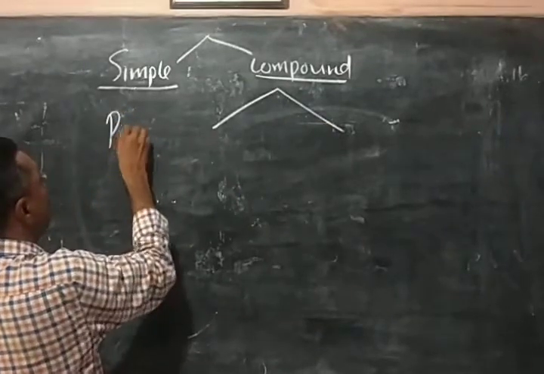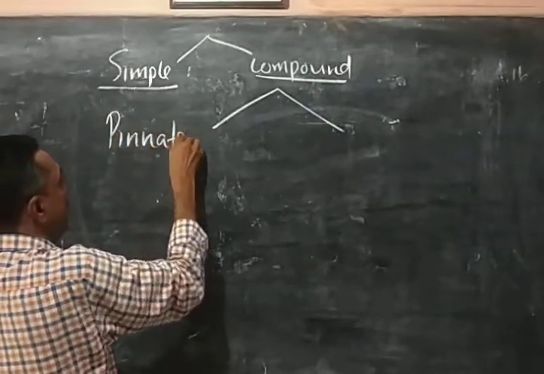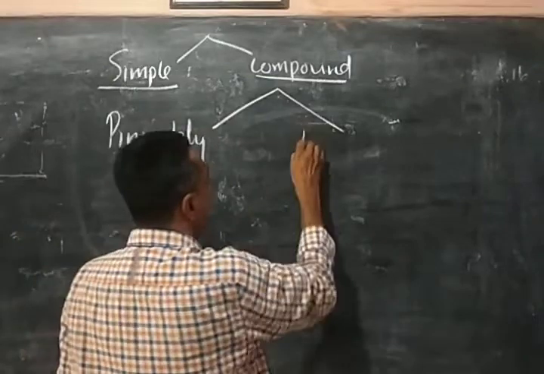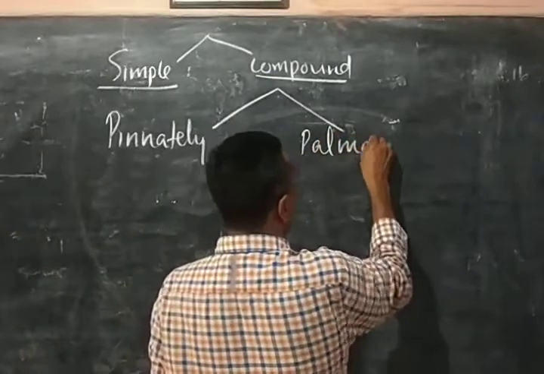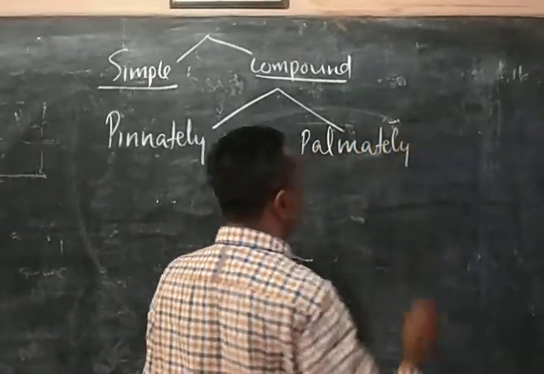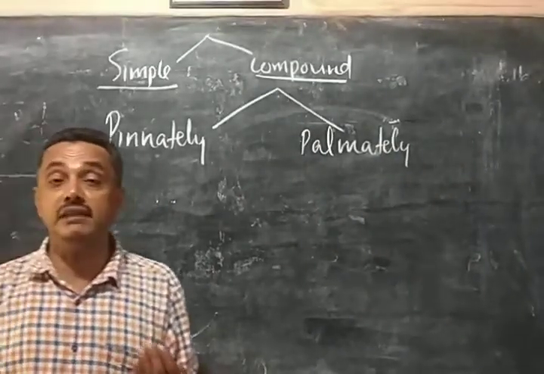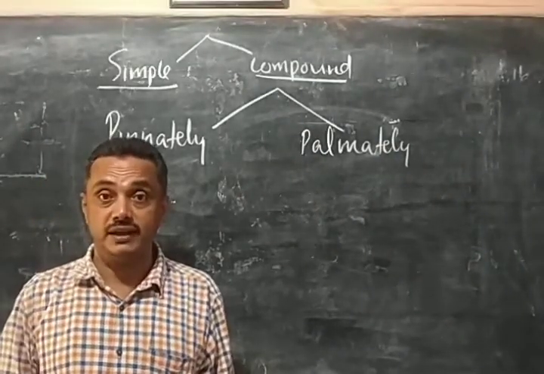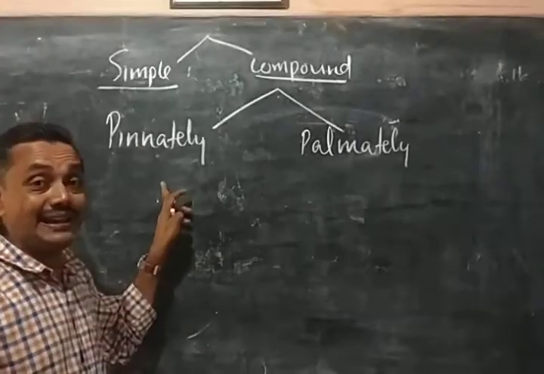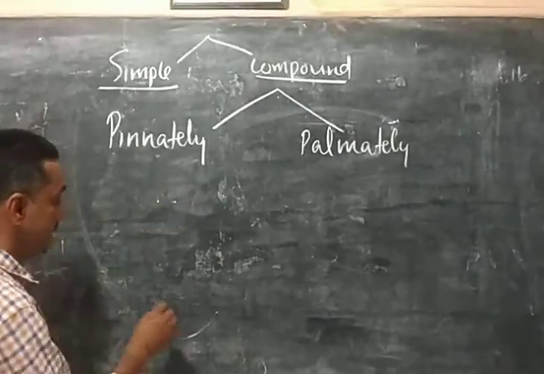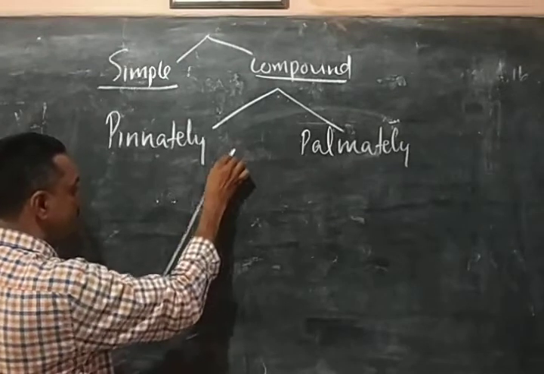Pinnately compound leaf and palmately compound leaf. In the pinnately compound leaf, the leaflets are arranged like a feather. See, this is the rachis.